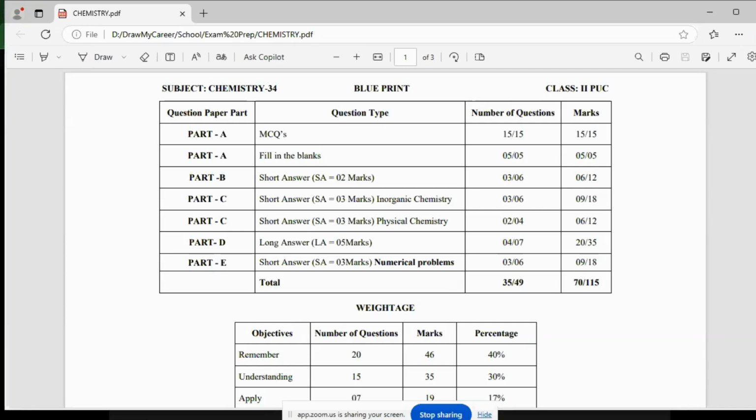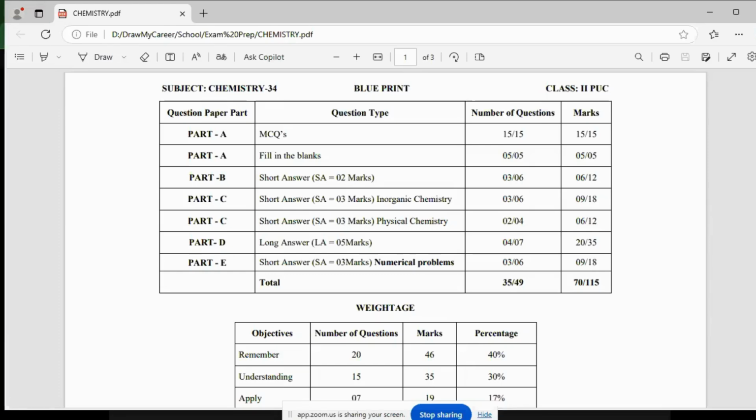So from part A, that is your MCQ and fill in the blanks, from these 3 chapters, 4 questions will come from MCQ and 1 from fill in the blanks. So 1 mark each, a total of 5 questions will come. I'm repeating: MCQ 4 questions, fill in the blanks 1 question. Now, I cannot tell you that this many questions will come from this chapter.